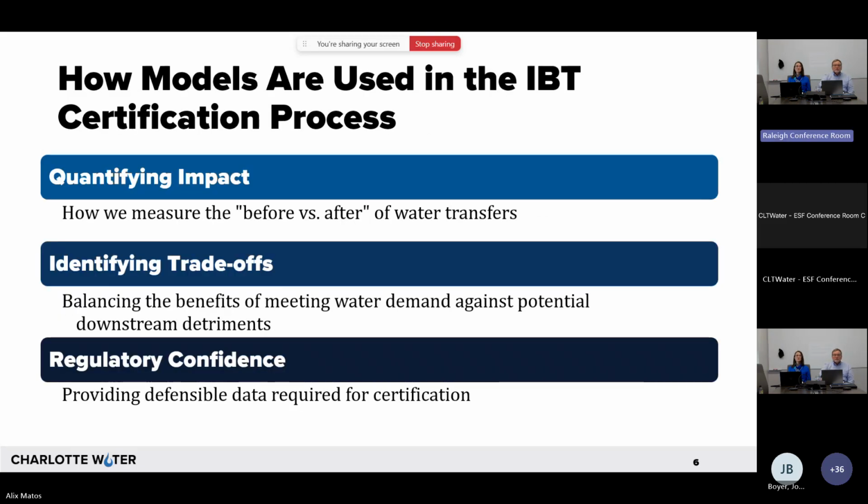So the next piece is, how is it used in the IBT process? It is an important tool, as Angela mentioned. It's critical to the process for the EMC to make their decision. They can understand conditions before and after a proposed transfer, and balance benefits versus impacts with some defensible information to justify the decision.